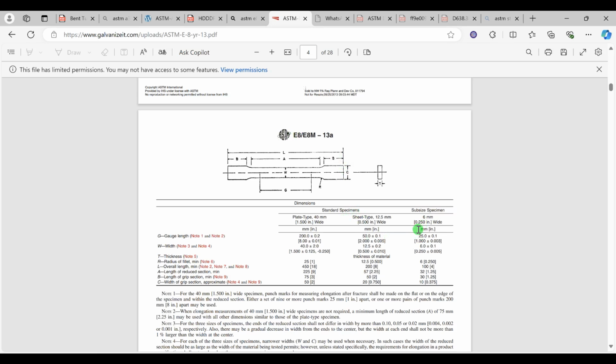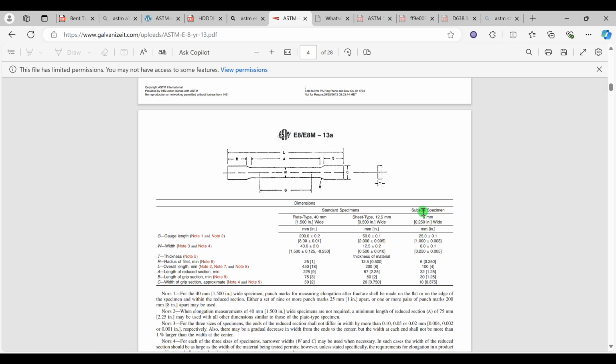It is highly recommended, if the thickness of your material is so thin, to please use a sub size specimen. Because I remember that when I was doing a project, the material was tensile steel, and the thickness was so thin, around 150 micrometer.